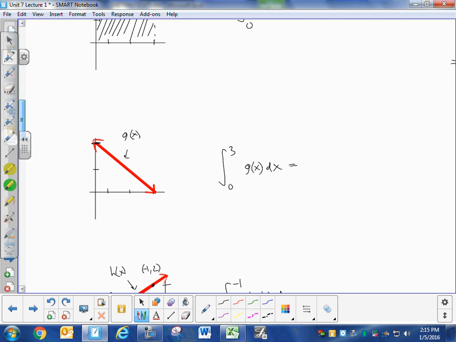Something like this, simple. From 0 to 3, the triangle, 1/2 base times height. Simple. You can do that because you know the interpretation of this. The integral from 0 to 3 means the infinite sum of infinitely skinny rectangles, or just the exact area between the x-axis and the curve.